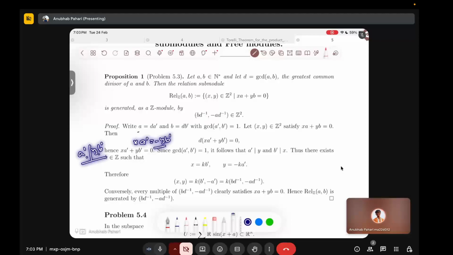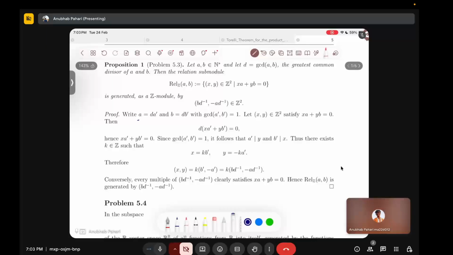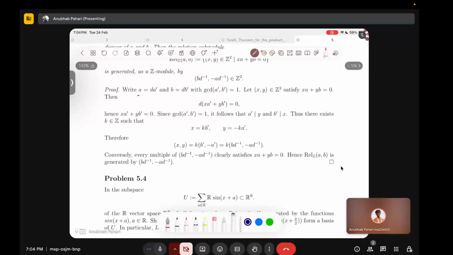So a prime has to divide y, and in a similar fashion b prime has to divide x. Thus there exists k coming from Z such that x equals k b prime and y equals minus k a prime. Therefore you have (x, y) equals k times (b prime, minus a prime), which equals, coming from this and this, k times (b d inverse, minus a d inverse).